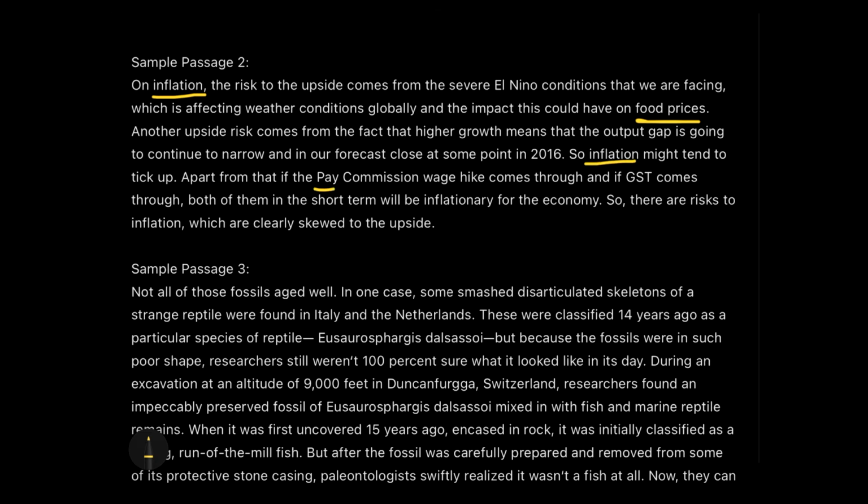Apart from pay commission, wage hikes. So pay commission, wage hikes, okay, GST, economy, and anything else? Inflammatory. So these are those keywords जिन्हें देखते ही मैं समझ गई कि this is a passage from the business and the economics type.